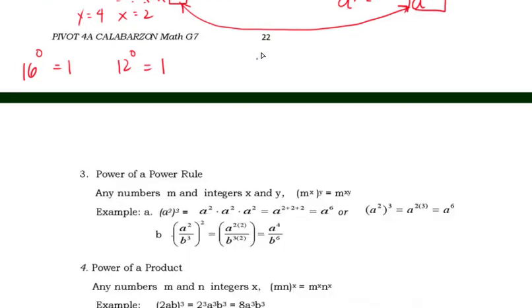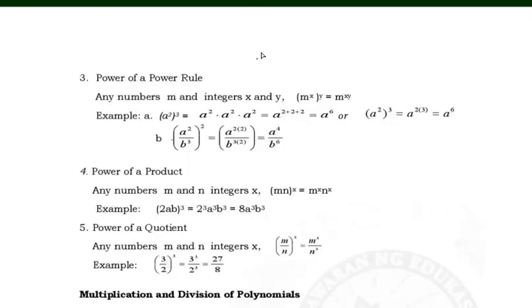So, next page tayo. Number 3 law is the power of a power rule or law. Power of a power, meaning dalawang power po ito. Any numbers m and integers x and y: m raised to x raised to y is equals to m raised to x times y.